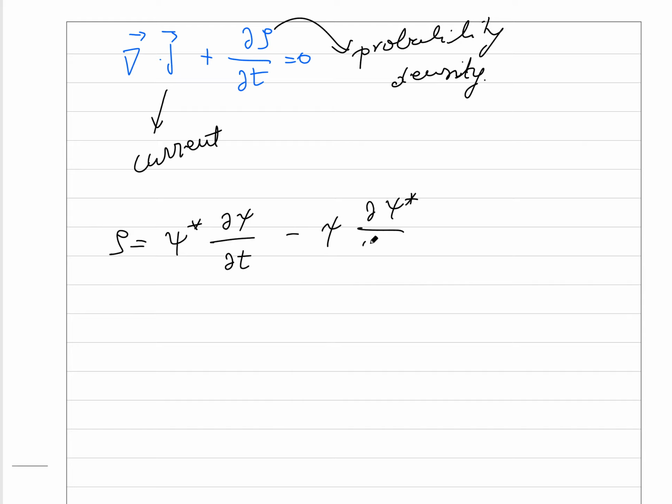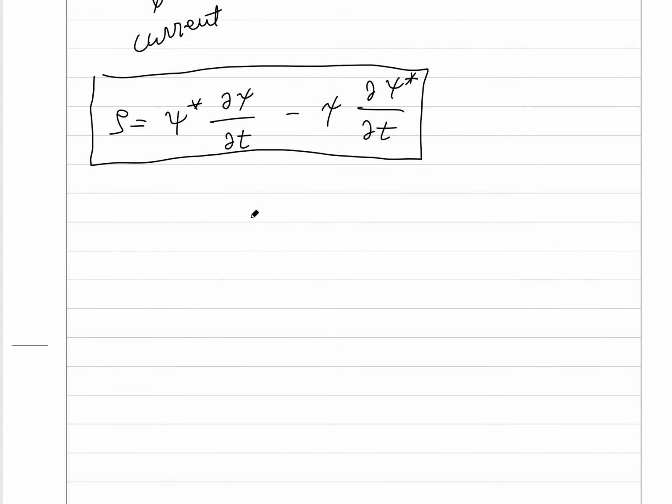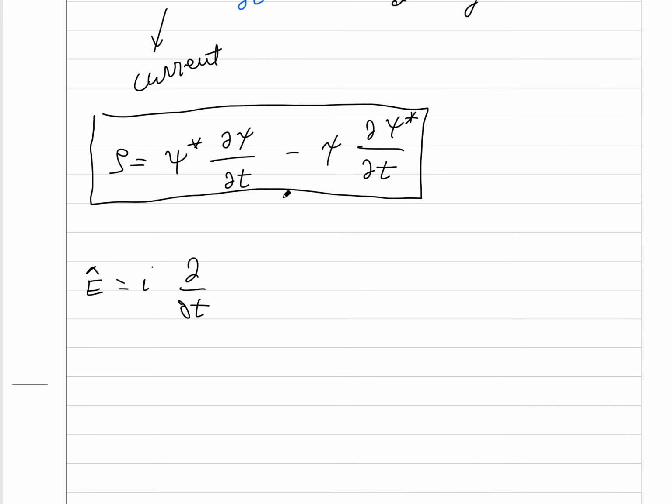So you have here a form of the probability density, but as you know, the energy operator in quantum mechanics is this one. So what this means is that the probability density is, sorry, proportional to the energy.